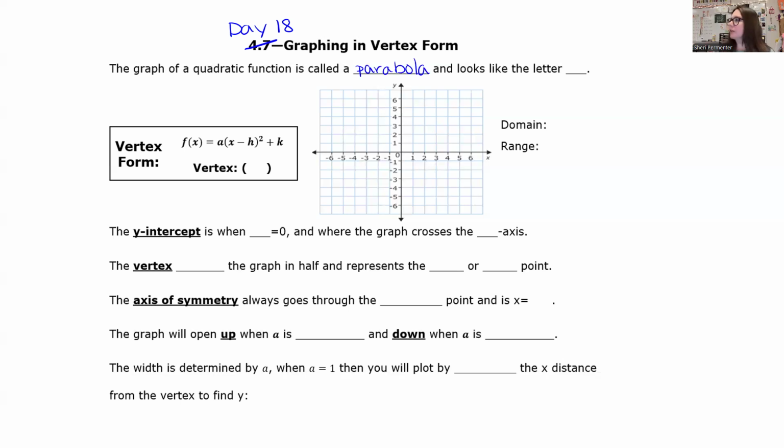What does a graph look like? A U. The letter U. Yep, the graph looks like the letter U.